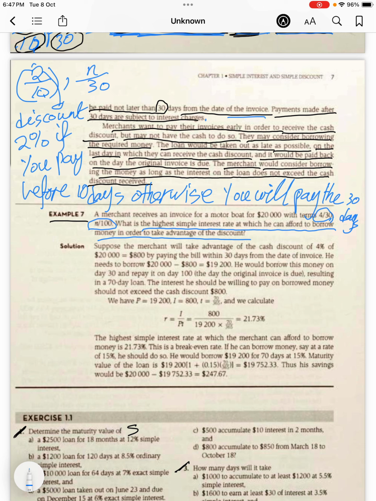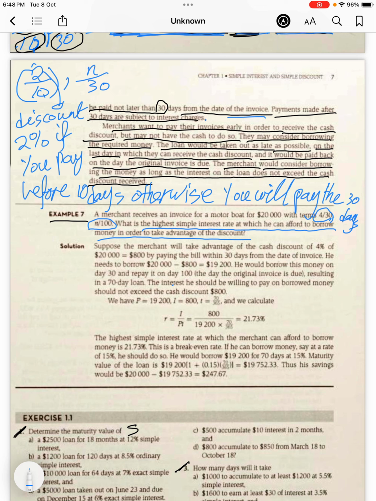Then the proceeds will be 20,000 minus 800, which is 19,200, and he must pay the bill within 30 days from the date of the invoice. He needs to borrow 19,200. He would borrow this money on day 30 and repay it on day 100.